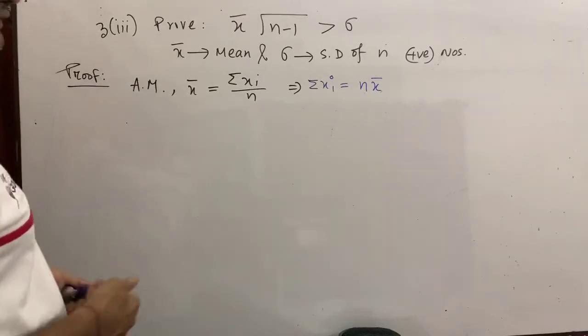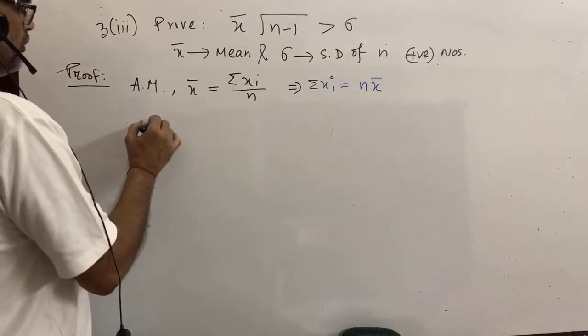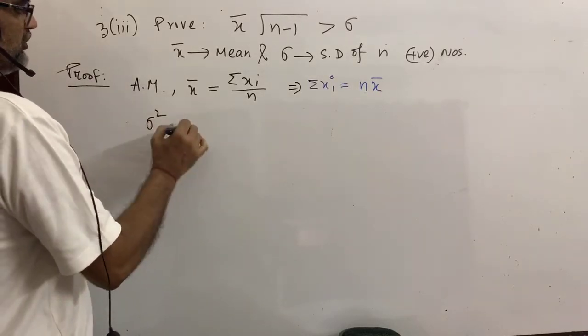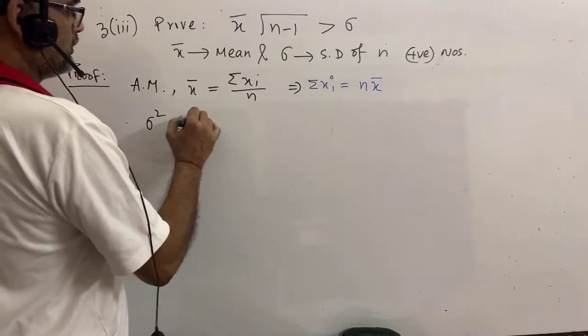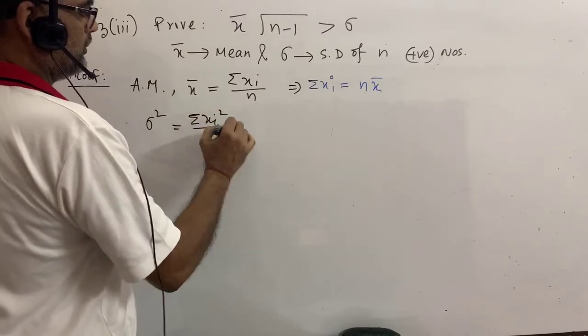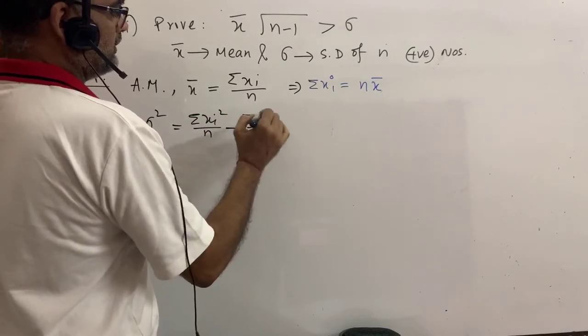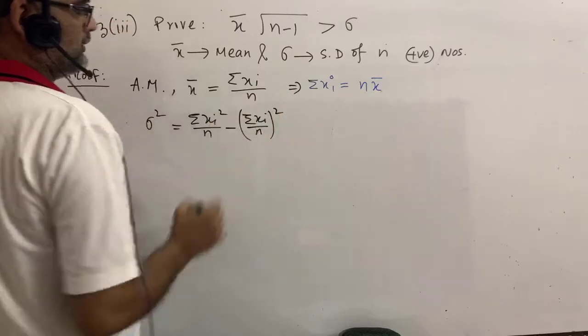Please remember this. Again, we also know sigma square. What is sigma square? Sigma square equals summation xi square by n minus summation xi by n whole square, right?